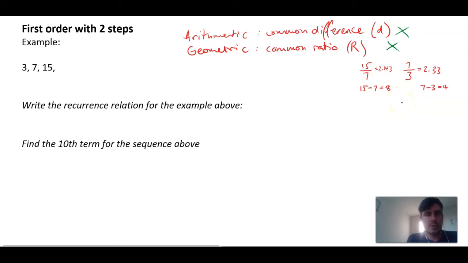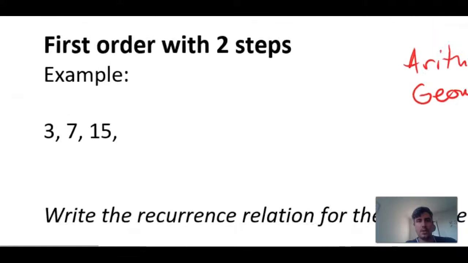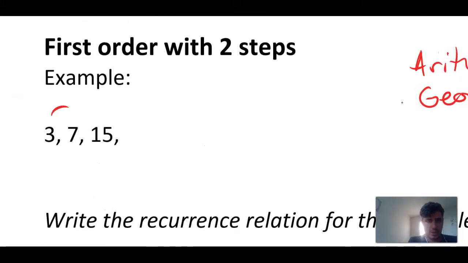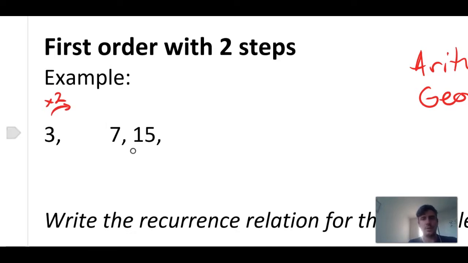So first order means that there might be two operations, being that you'll times by something and then you'll add or subtract something. First of all I'm going to try timesing by 2, that gives me 6.